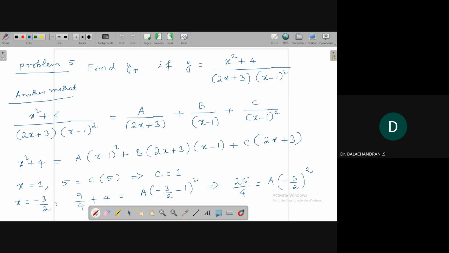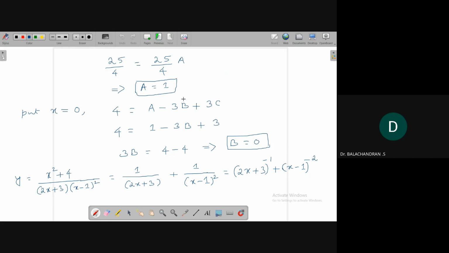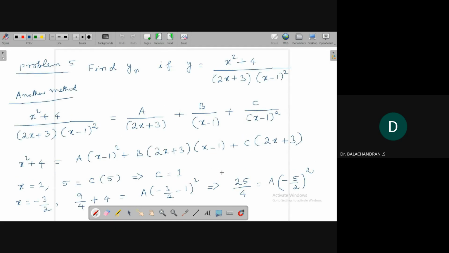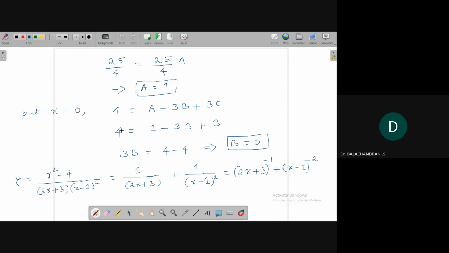Next, here x equal to 0 means 3C. Now already we know that A is 1. Substitute A equal to 1 here, so 4 is equal to 1 minus 3B plus 3C. What is C?